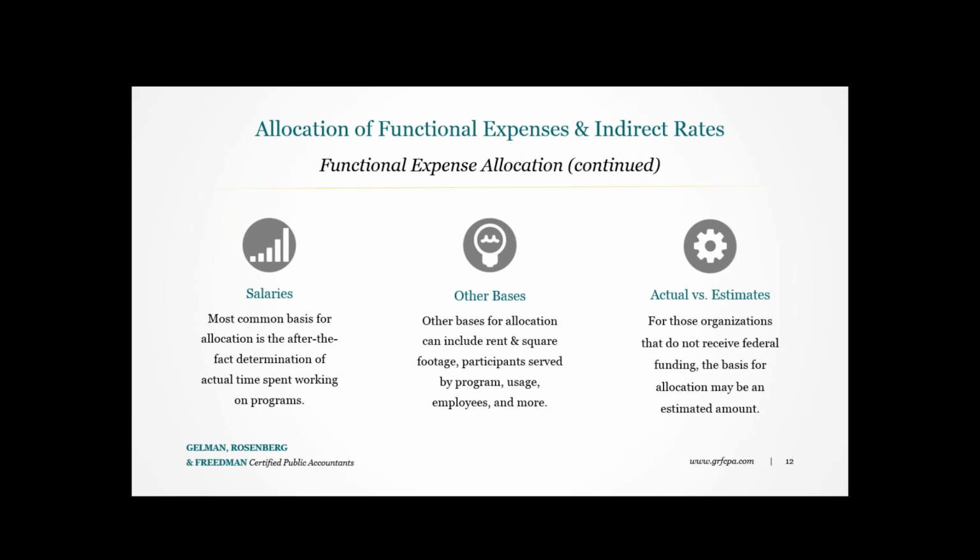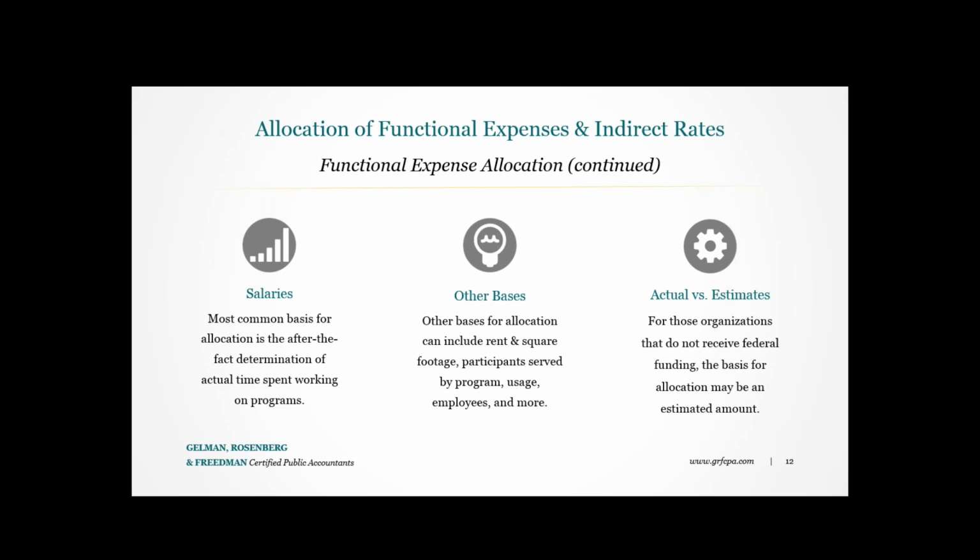There is some flexibility on using an estimate throughout the year, monthly, quarterly. Some organizations that don't have donor reporting or heavily restricted donor or federal funding do an annual estimate based on each employee's best guess as to how they spend their time.